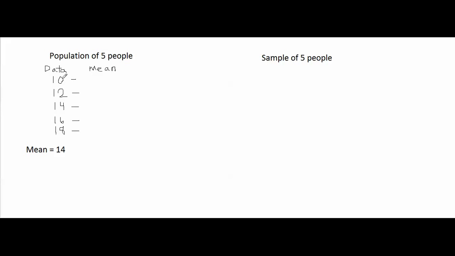I've recorded 5 data values from them. I'm not sure what these numbers would stand for, but maybe it's the age of each person. Maybe I've recorded the ages of these 5 people, and these people are between 10 and 18 years old.